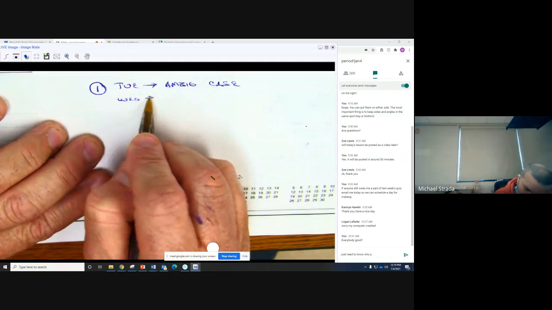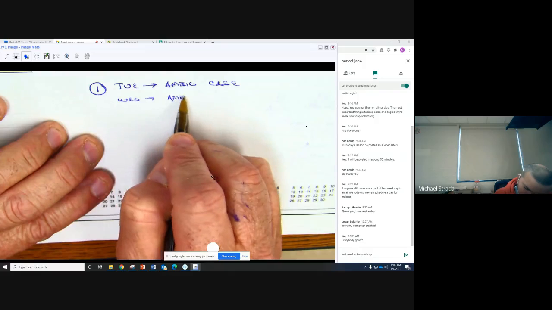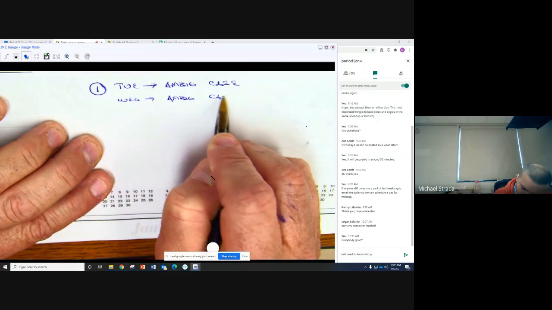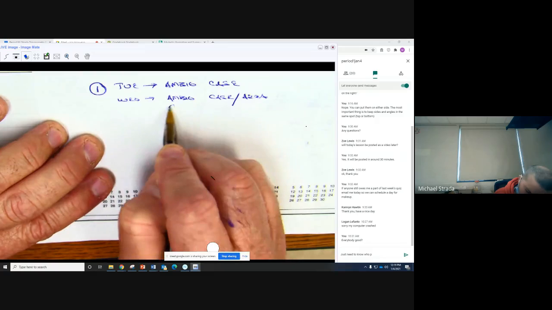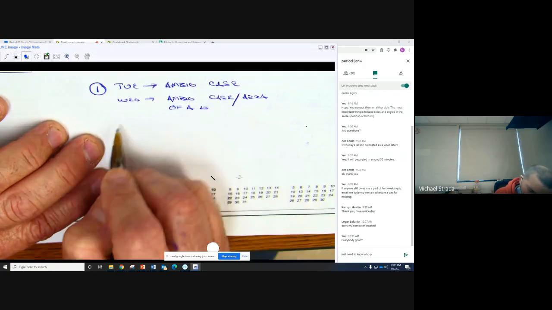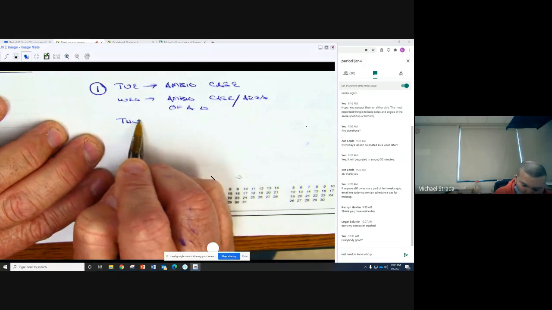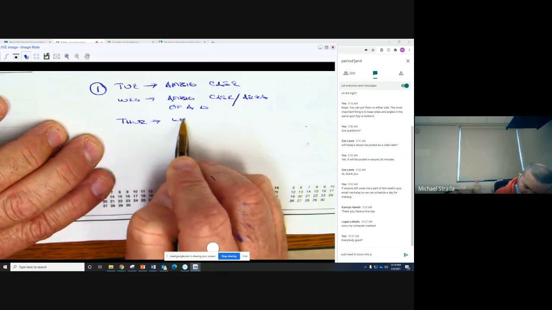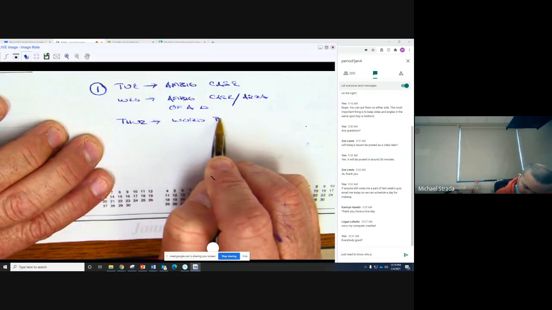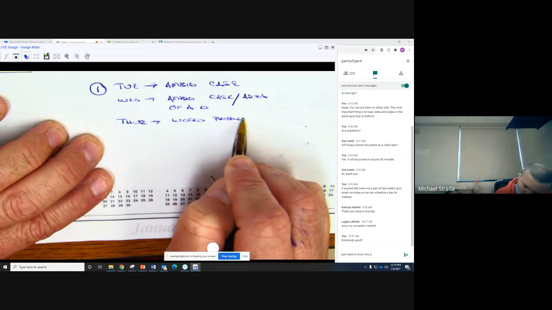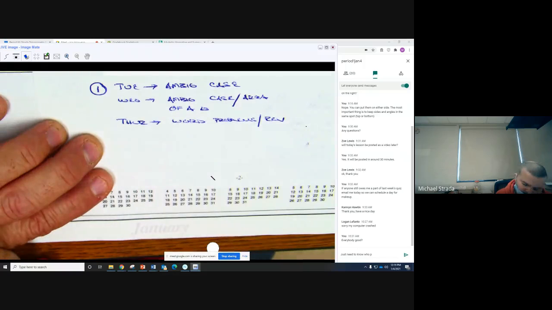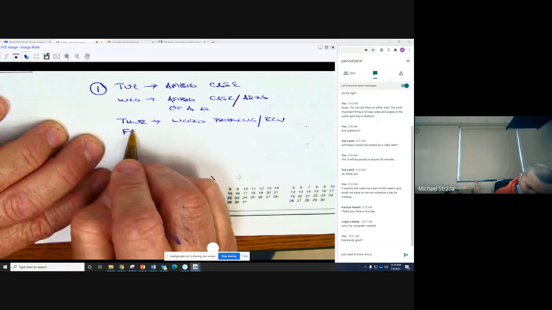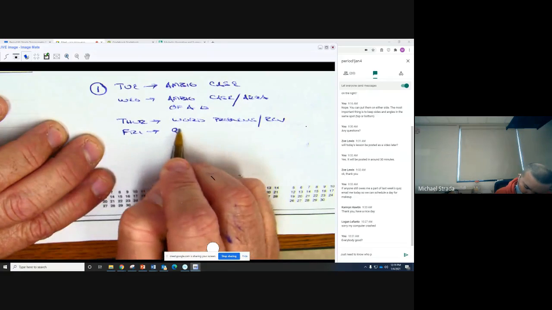Wednesday, we will finish the ambiguous case, and we'll start with area of a triangle. Thursday, we will dabble with everybody's favorite word problems. Then you will be given a review. And then Friday will be your quiz on law of sines.